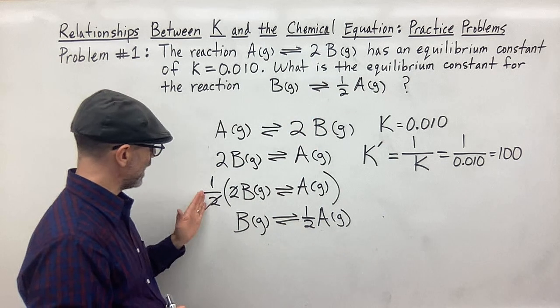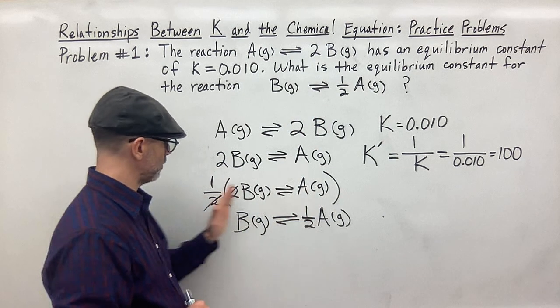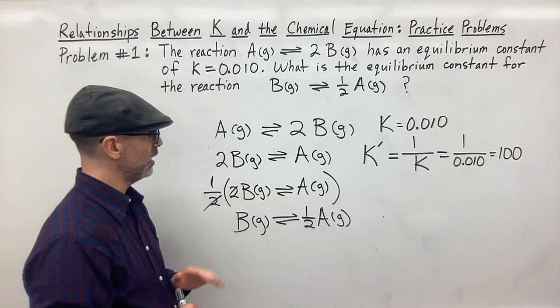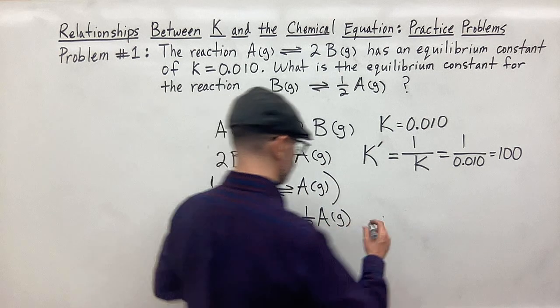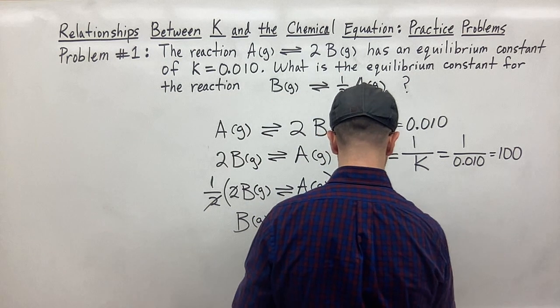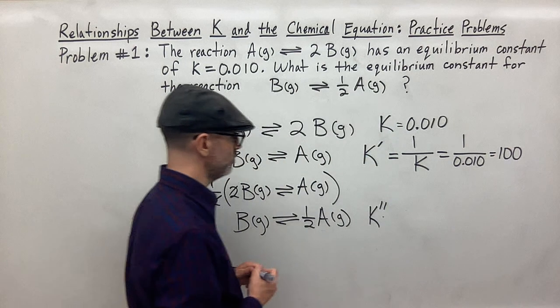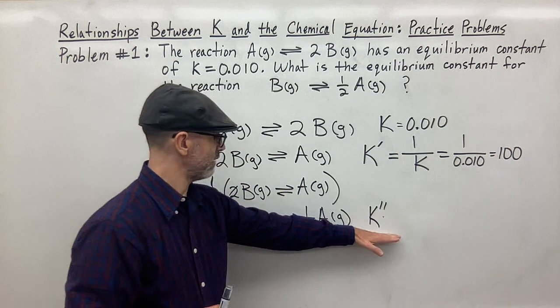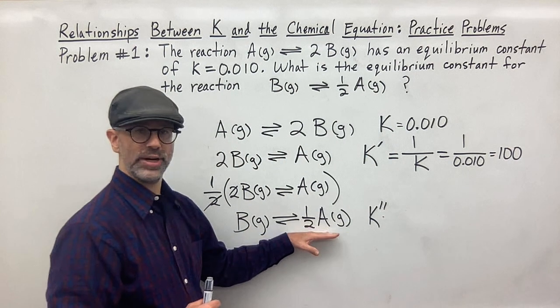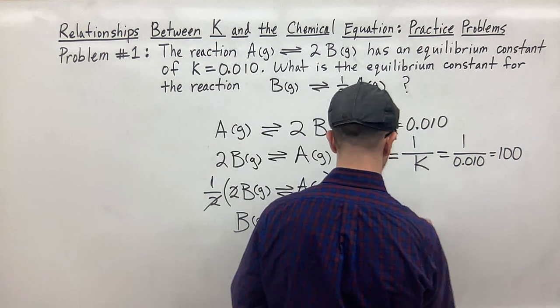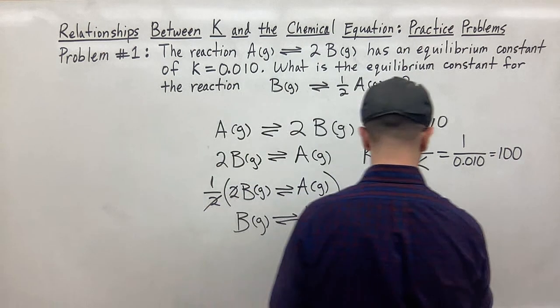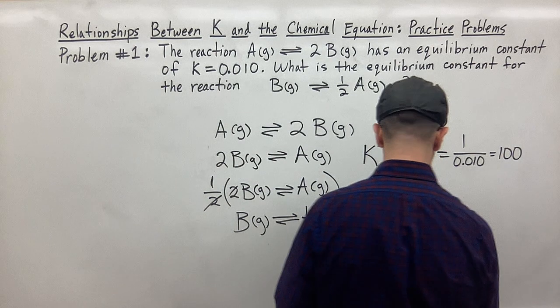Since I had to multiply everything by 1/2, in order to get my K value, we'll call this K double prime. This K value for this new reaction is going to be equal to my K prime.